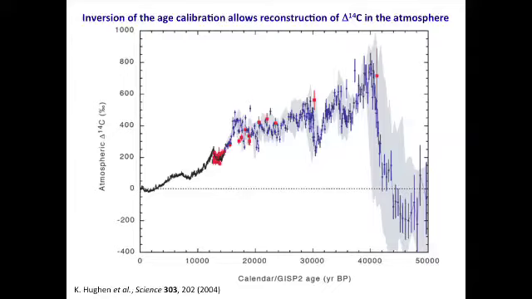Libby got unlucky. For the sort of multiple thousands of years that he had available in his dated artifacts, there was this sag in carbon-14 abundance. So he came up with a slightly low estimate of the half-life.